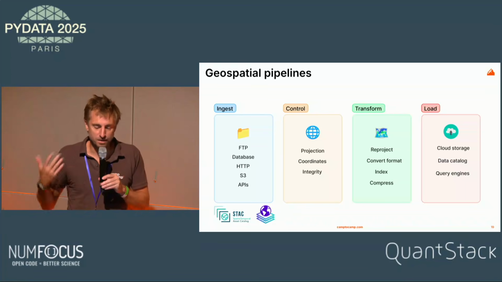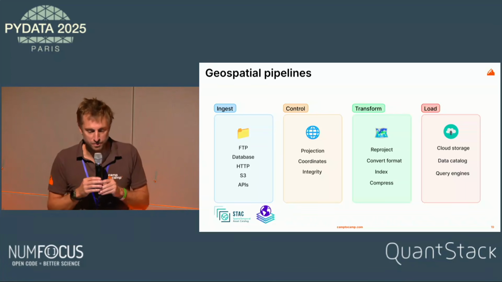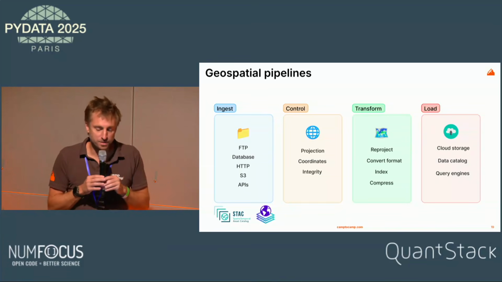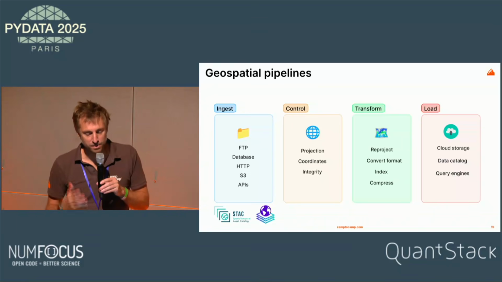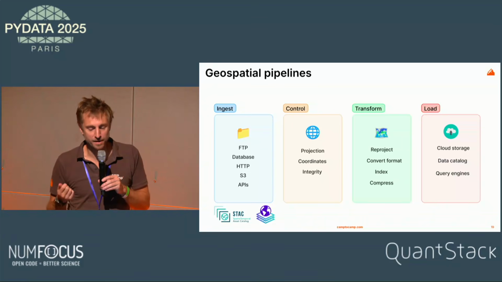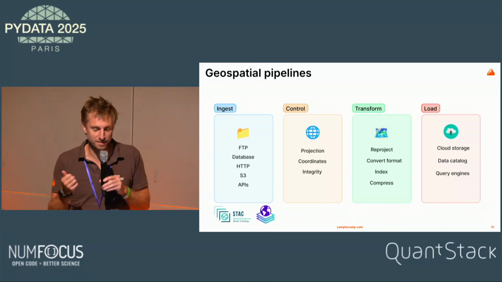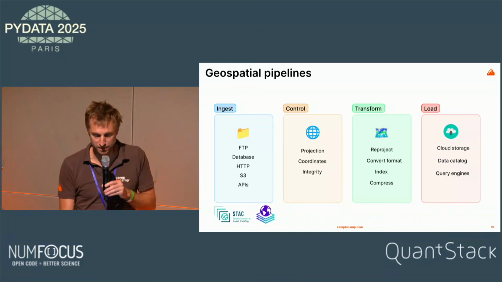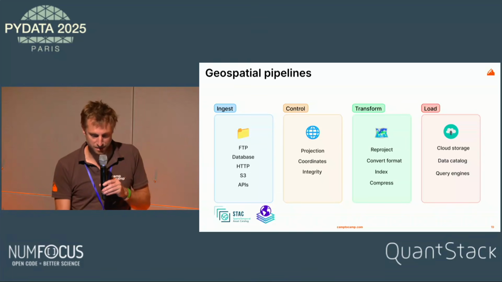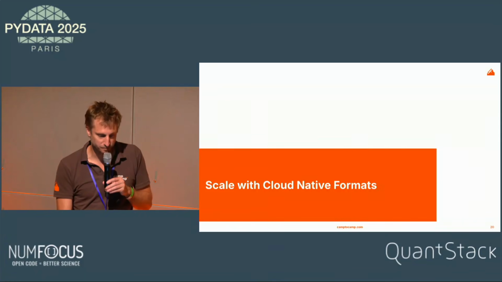So it's heavy work to transform the projection and the coordinate systems. You need to convert the format, compress the data and build a special index, because the index is really something important to make the processing efficient. I will talk about it later. And load is the same as other ETL pipelines.